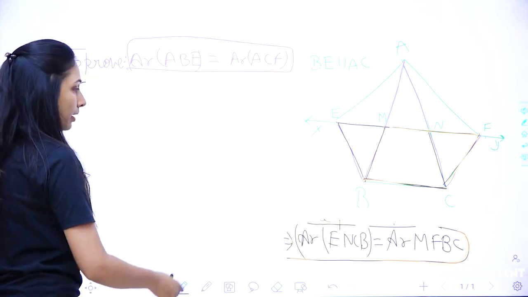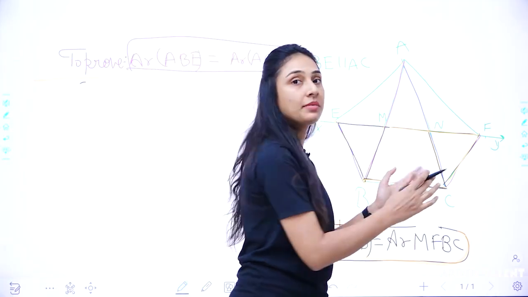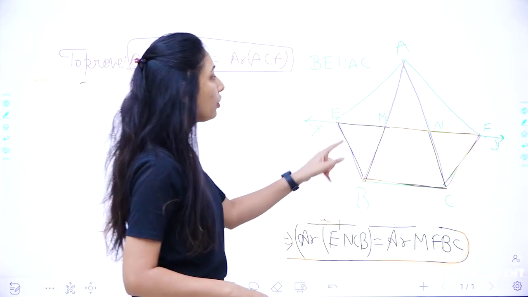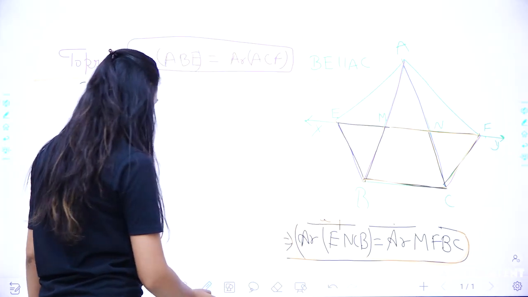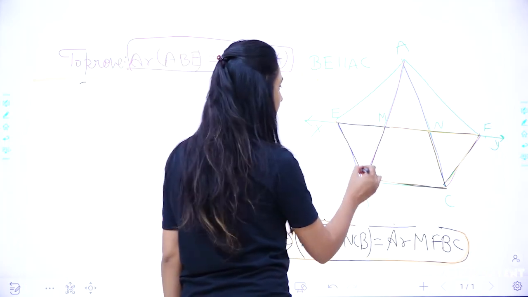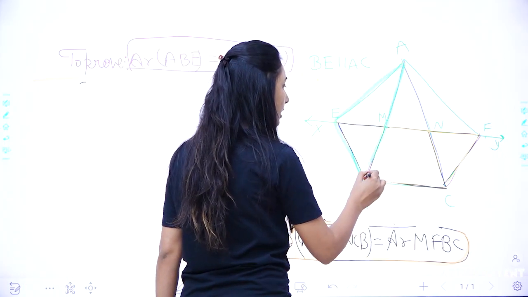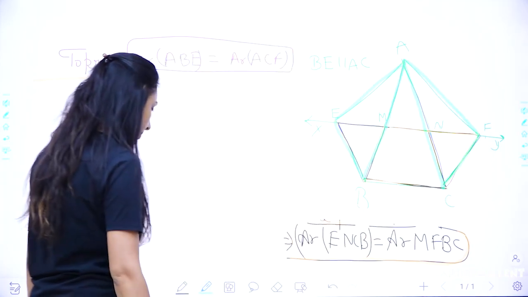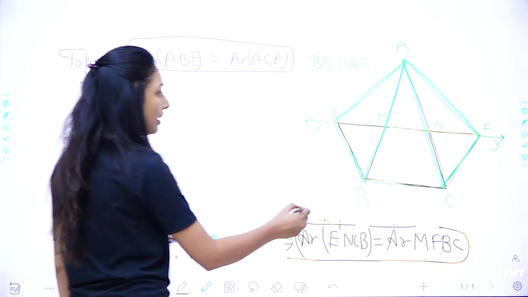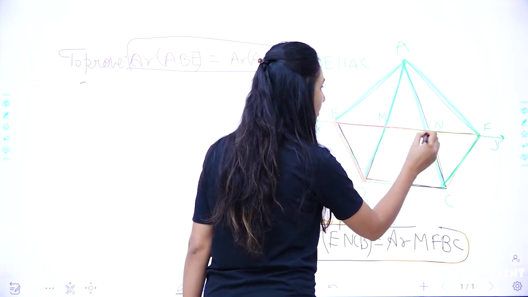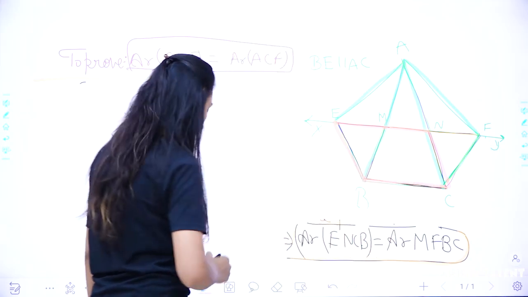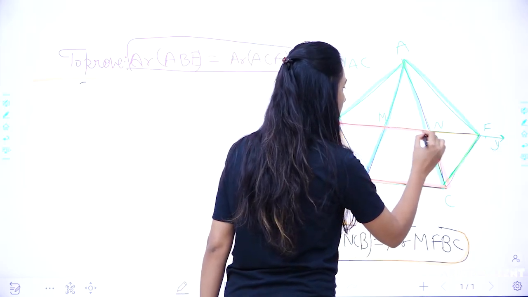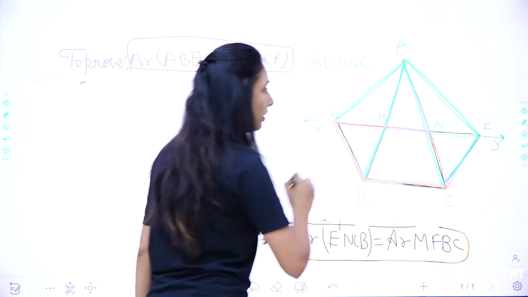Now, after this, that these two parallelograms are having the same base and between the same parallels, we had proved that. Now we are talking about these two triangles that we had to take. This is the first triangle and this is the second triangle. Now look at them. If I am saying this is a parallelogram, this is a parallelogram here, right? And we had proved that it is a parallelogram too, right?